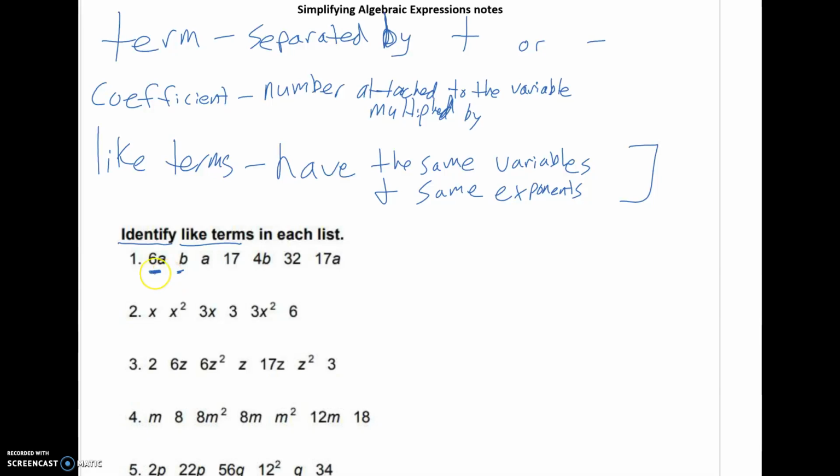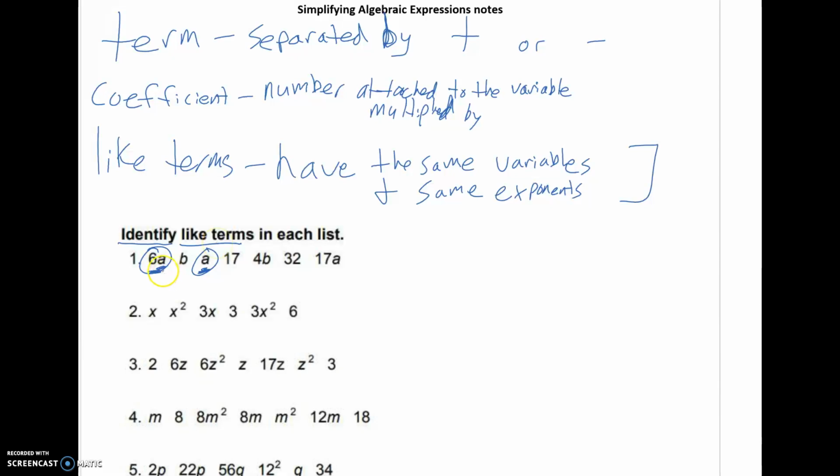A and B are different variables, okay? What about just a? It actually would, okay? Anytime it's just a variable by itself, it's the same thing as having a 1, like 1a, 1 times a. Okay, so we have the same variable a, and they both don't have an exponent, so it's the same exponent, okay, if they both don't have one. So yeah, these are alike, okay, 6a and a.